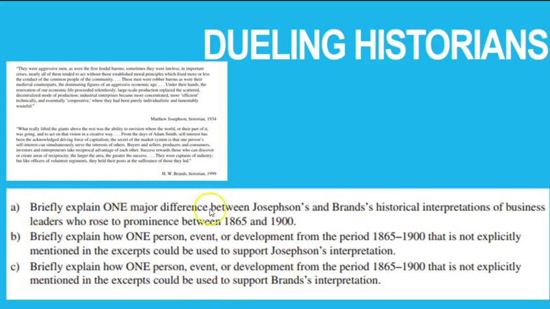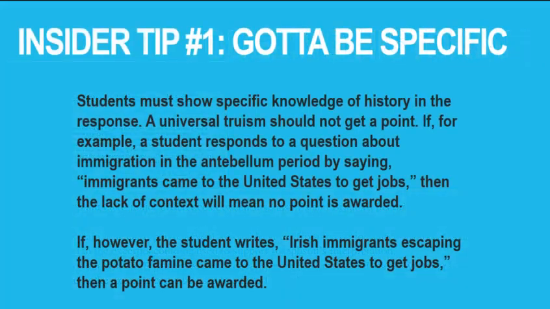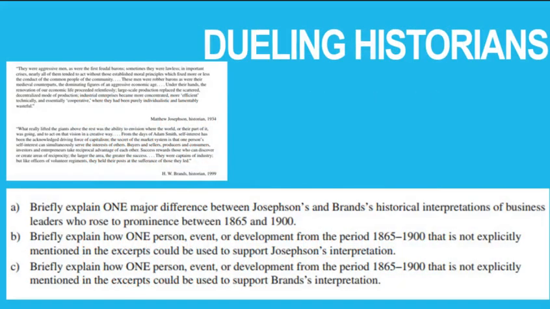They want to know, what's the difference between these interpretations? Then B is, can you give us some evidence that would support historian A? And then how about some evidence that supports historian B? So that's basically what we have here. We'll work with these more. You're not doing this one today, but I just thought I'd show you what one looks like.